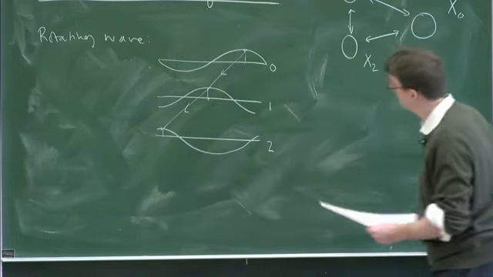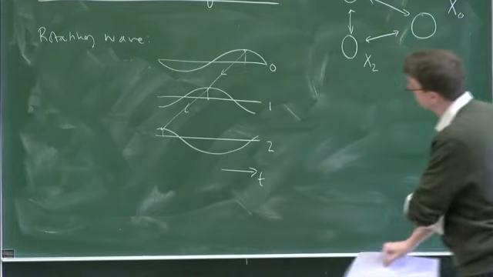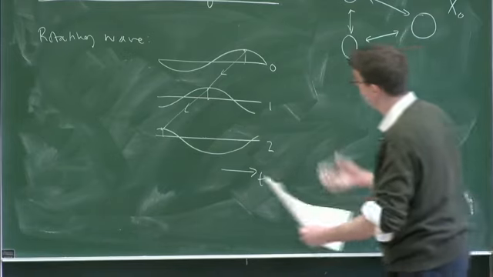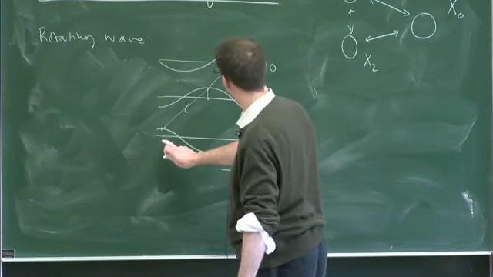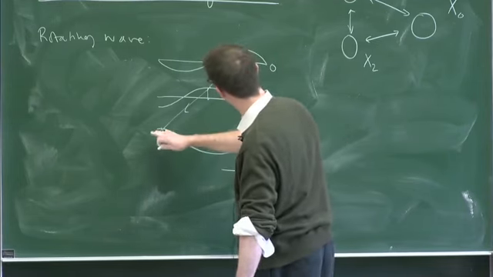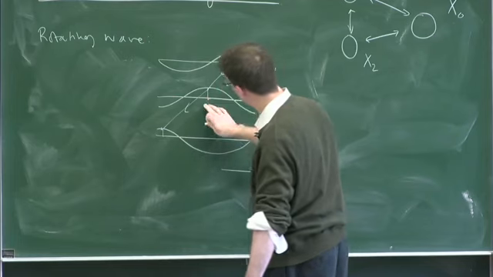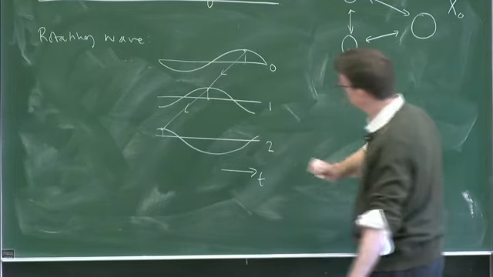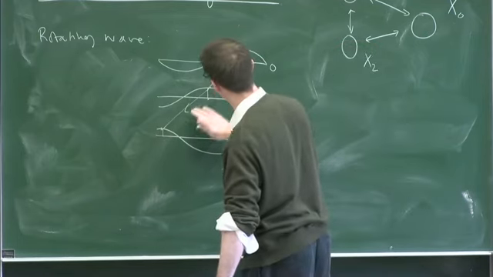If you did a time trace of the concentration of some chemical in each of these oscillators, you'd see a peak in one of them, and then the same waveform, but the solution for oscillator 1 is shifted in time, and the solution for oscillator 0 is then shifted in time further.